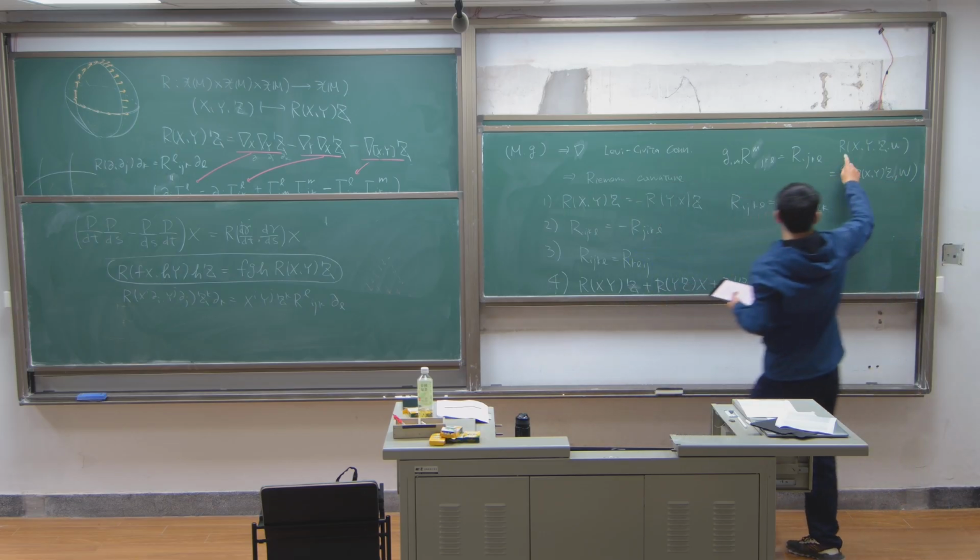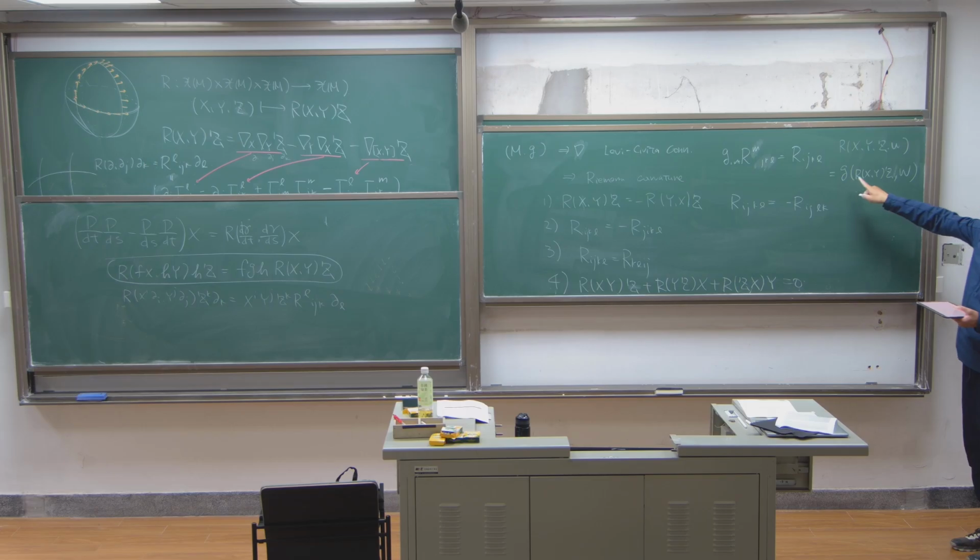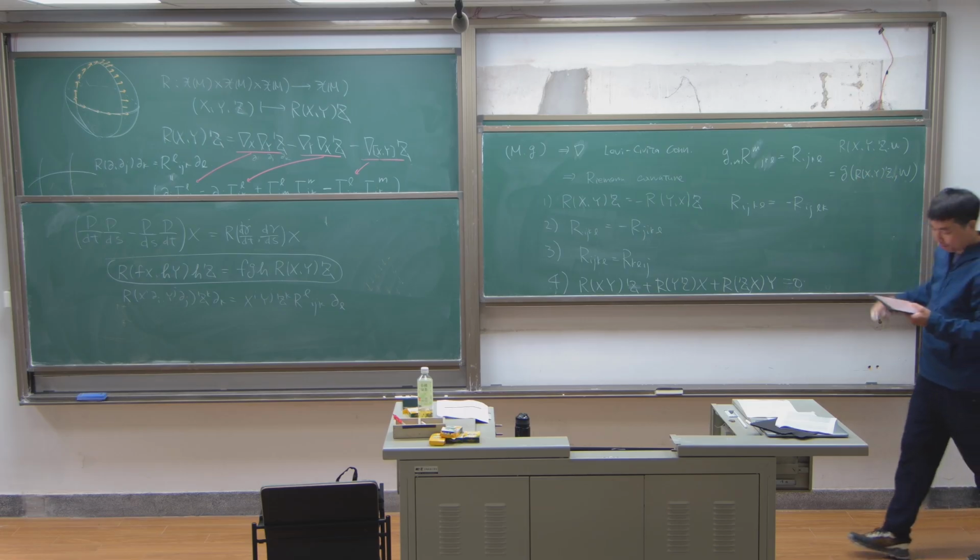If you define this pairing between the vector field after applying curvature and another vector field, and take a pairing using the Riemannian metric, you get some function.